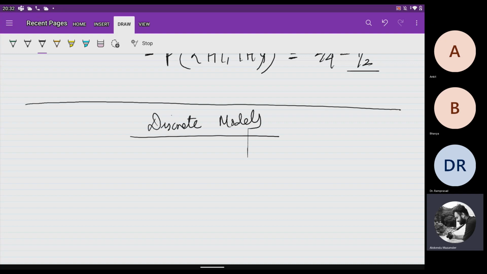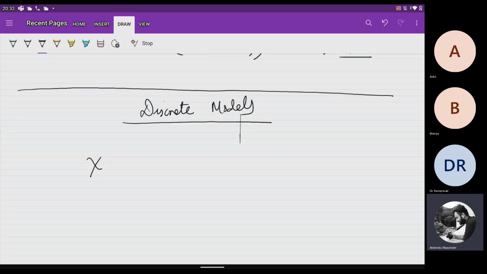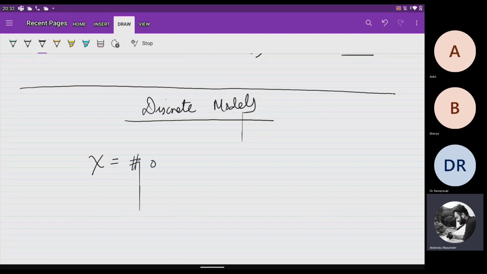Now let's say I define a random variable x as the number of tosses until the first head appears.